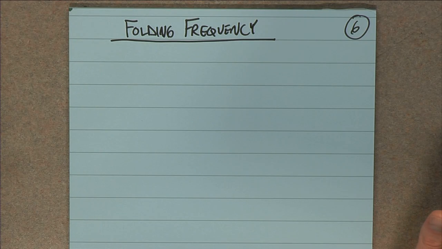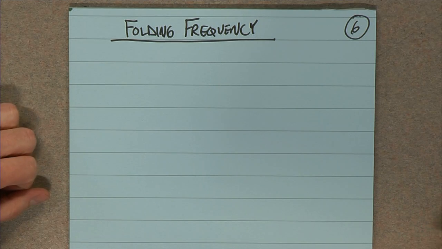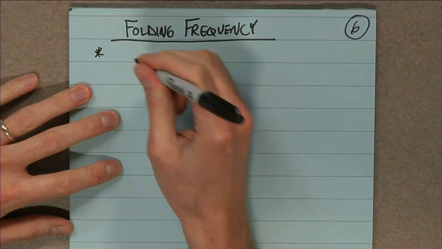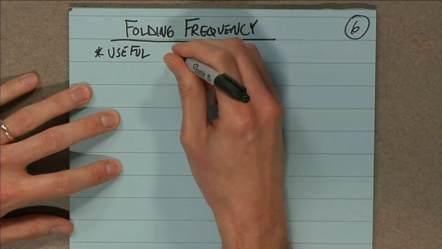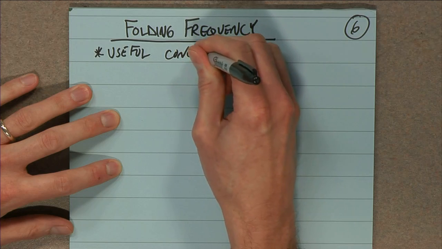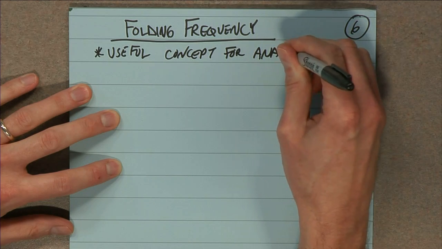And that's the way I think about the problem in my everyday work, so we're going to go through how I think about it using this concept of folding frequency. I think that's a little more common for everyday engineering practice, at least it's been my experience. So we're talking about this because it's a useful concept for analyzing aliasing.